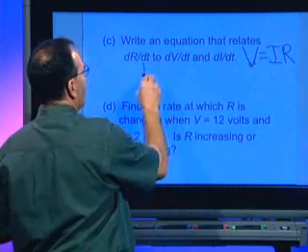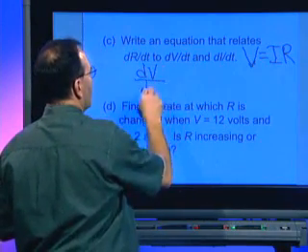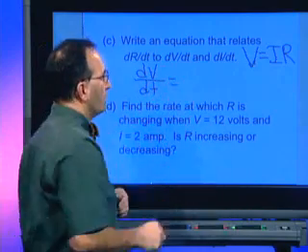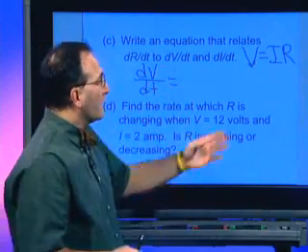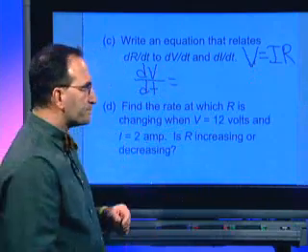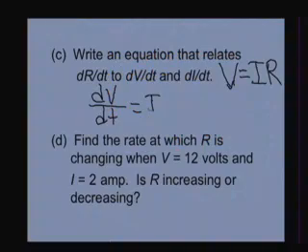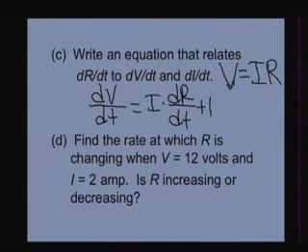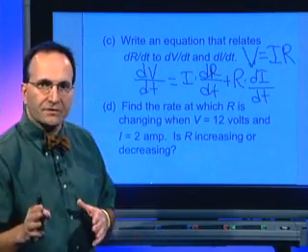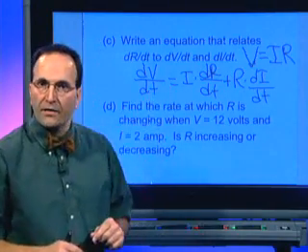And we would have dV/dt is equal to, well, we have the product rule for the I times R. So that's going to be I times dR/dt plus R times dI/dt. So that would be the equation that relates the derivatives with one another.